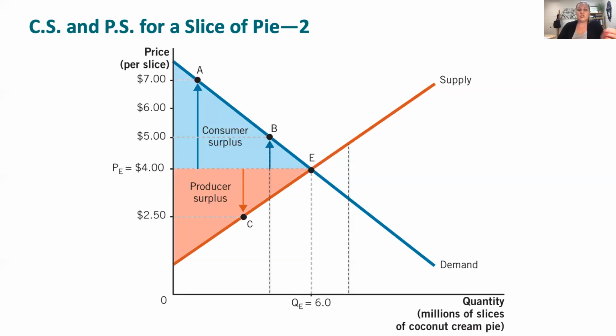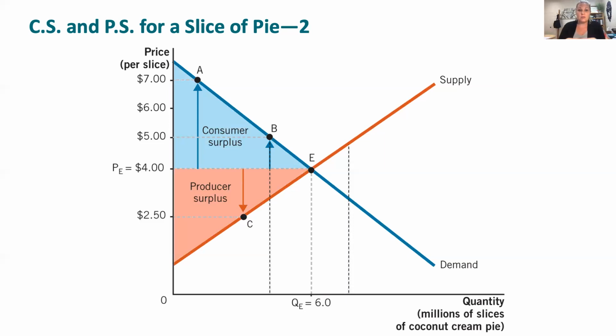What if we were to produce and consume at a quantity to the left of the equilibrium quantity? That is less than 6 million slices. Well, here, essentially, we'd be leaving money on the table. Transactions that would benefit people would be restricted and not allowed to go through. There are people to the right of point B and to the left of point E who are willing to pay $4 or more for a slice of pie.